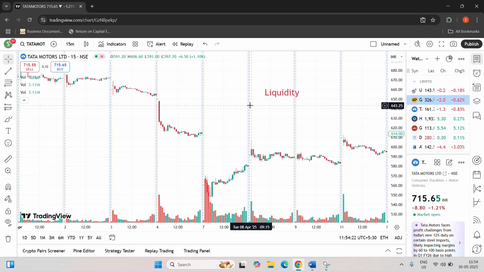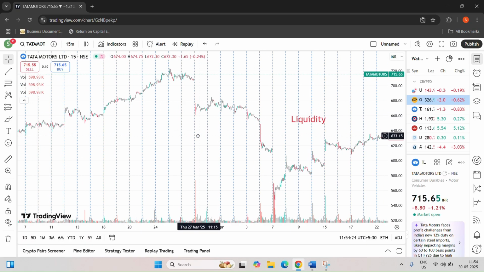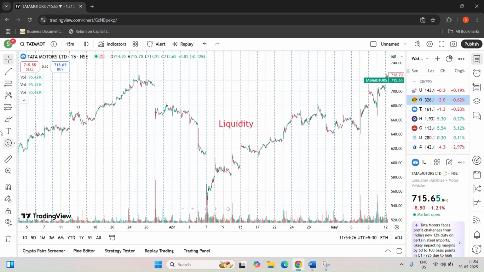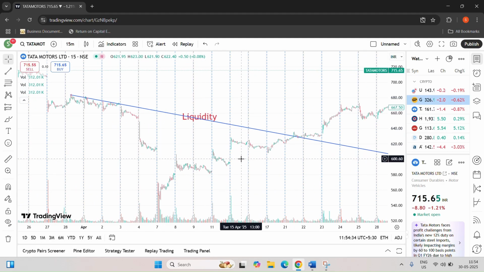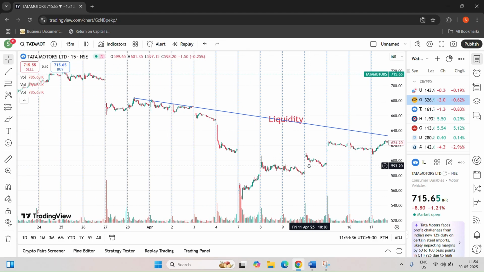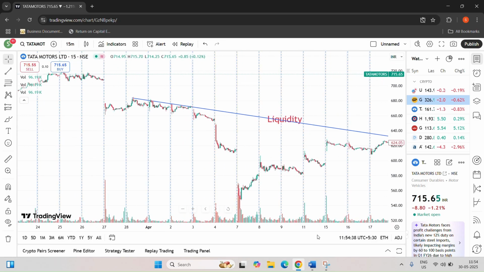Here, if you draw a trend line from this high joining all the highs in between to here, let's ignore the future part and just look at this frame. If you draw a trend line joining all the highs, there is a probability of the price moving out of this trend line.